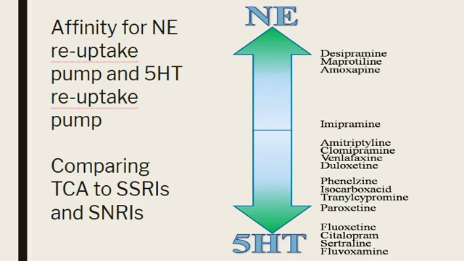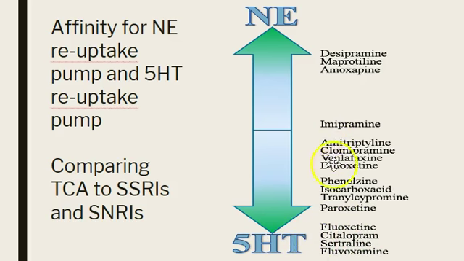And so you can partition the affinities for norepinephrine or serotonin across the continuum of the available tri, tetra, and unicyclic antidepressants. Desipramine and meprodyline have the highest affinity for norepinephrine. Of course, the SSRIs and SNRIs, fluoxetine, citalopram, and so forth, have the highest affinity for serotonin.